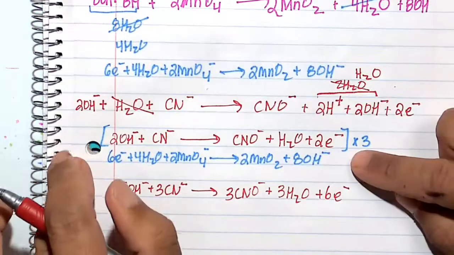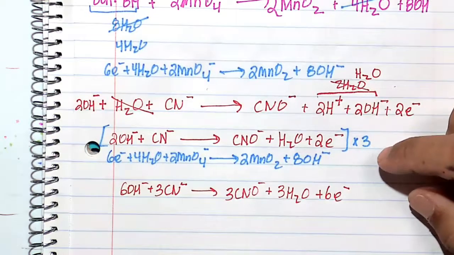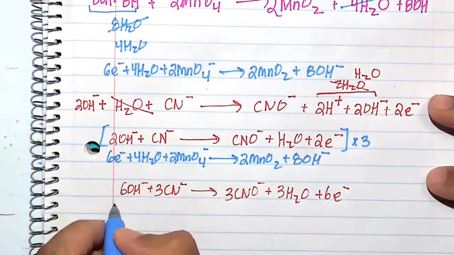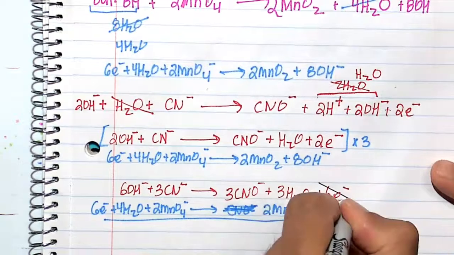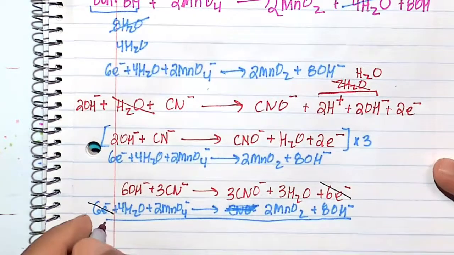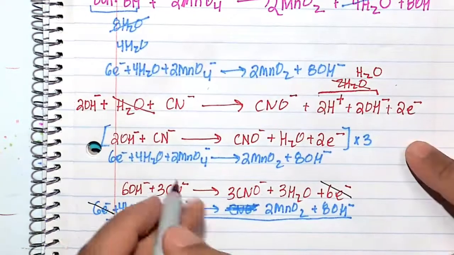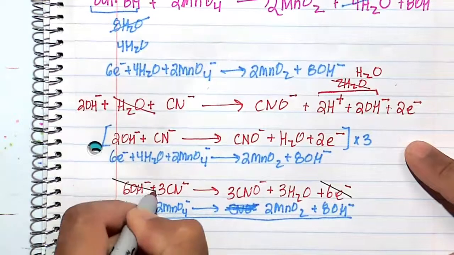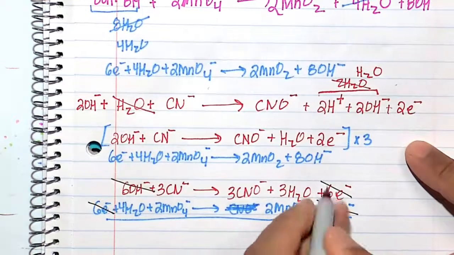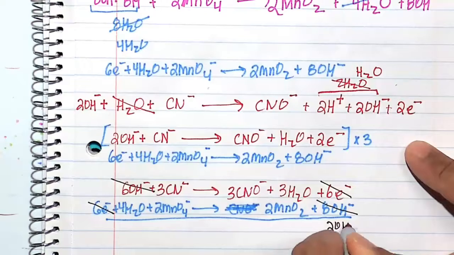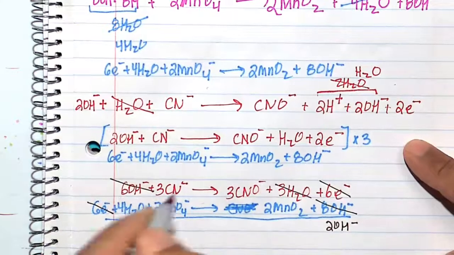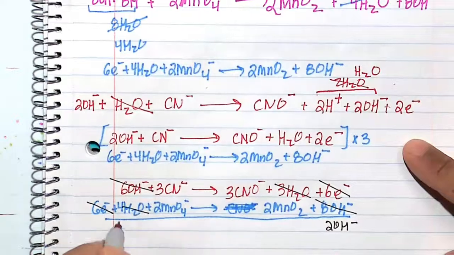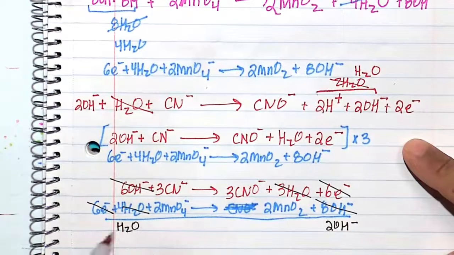So let's rewrite this and cancel out our electrons, and hopefully everything is balanced from then on. Let's see if anything else cancels out here. You see here the 6 OH minuses will cancel out with this, leaving me with 2 OH minus. And here 3 waters will cancel out, leaving 1 water here.